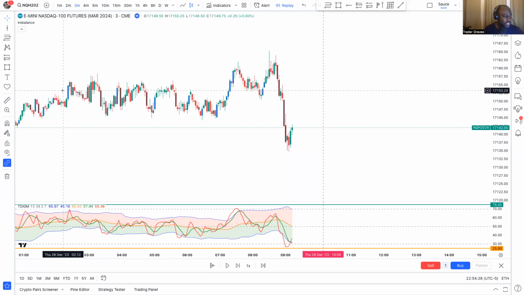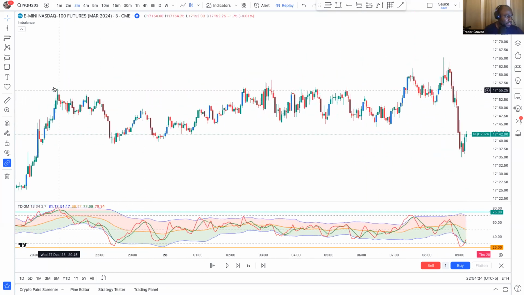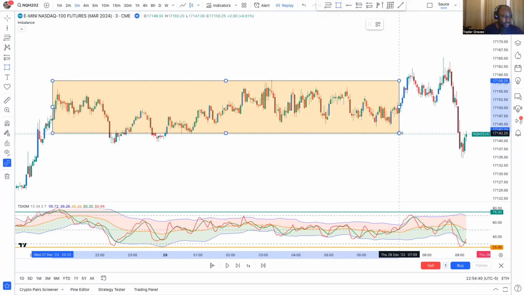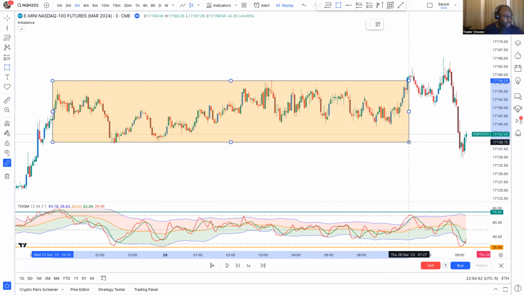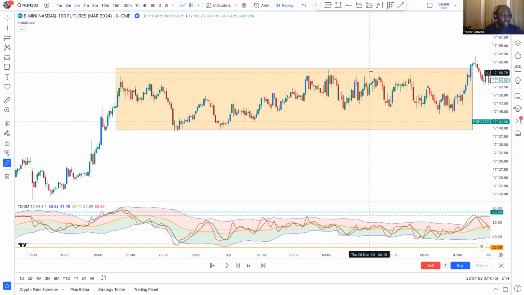When you have London and Asian session in this type of boxy range, and you guys can back test this all you want, when you have it not really wanting to do any movement up or down, going all the way through Asia and all the way through London, it did this exact same thing yesterday.